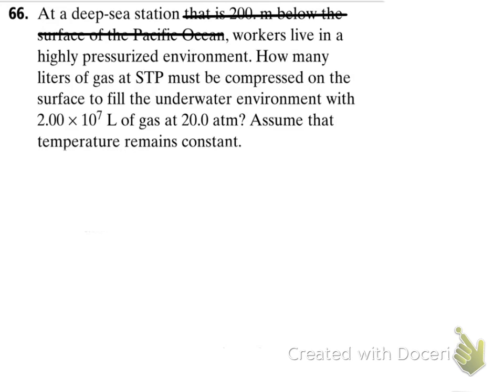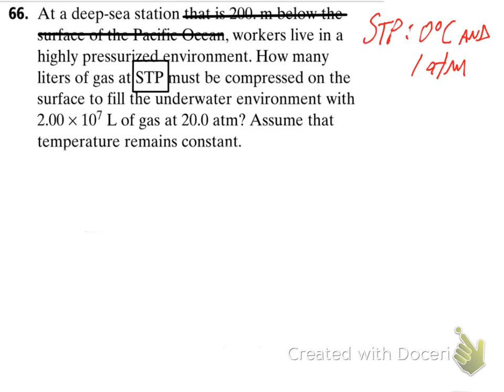So this is saying how many liters of gas at STP. Listen, the initial conditions of this gas is STP. And you remember that STP is equivalent to 0 degrees Celsius and 1 atmosphere. Okay, that's STP. So that's probably going to become an important piece of information, but that's the initial condition.